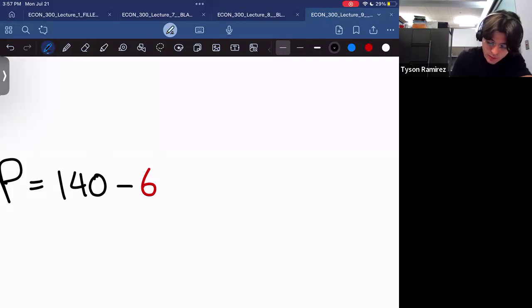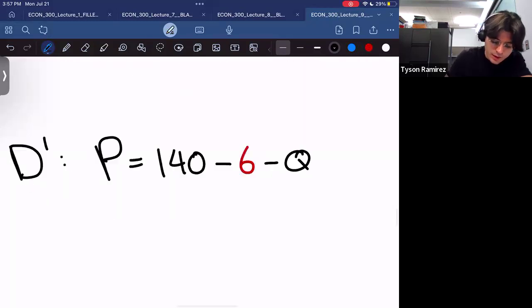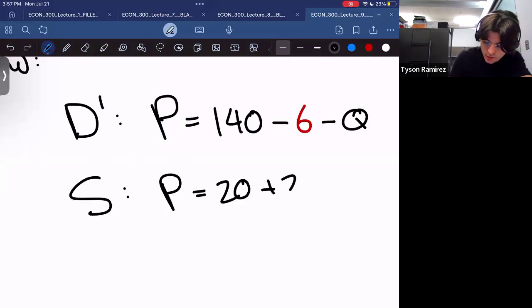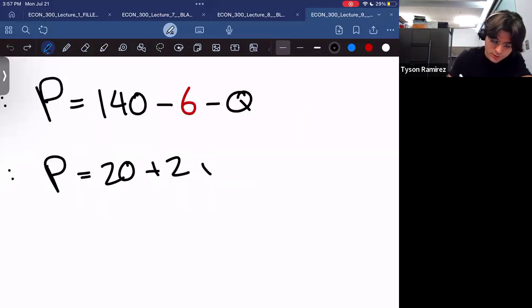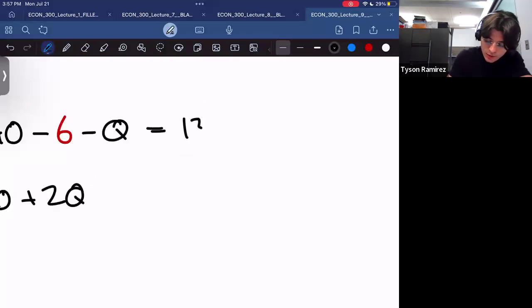And then minus Q. And then the supply side is unchanged. P is equal to 20 plus 2Q. So now we have 134 minus Q, and then this guy is still the same.